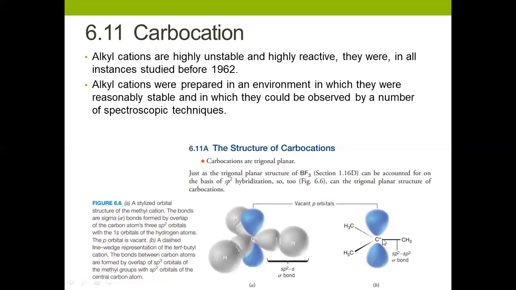So here the blue one is the p orbital. If it were C double bond C, bonded to three different groups of atoms, this would have been utilized to form a pi bond. For instance in CH2, there are three groups of atoms bonded to your carbon, and the p orbital is used to form a pi bond.